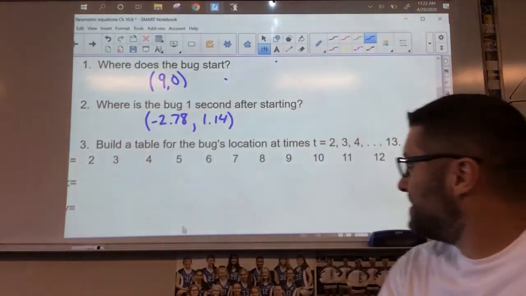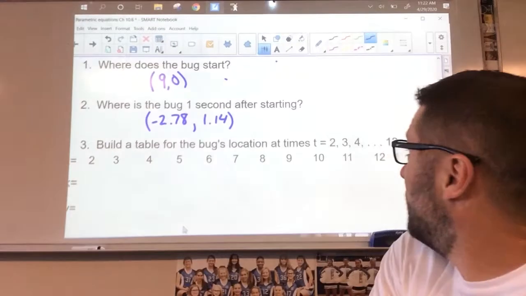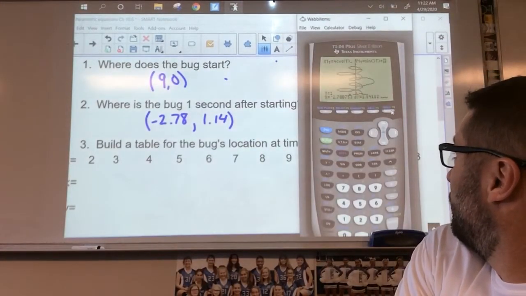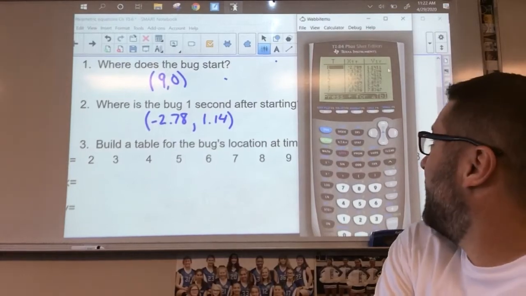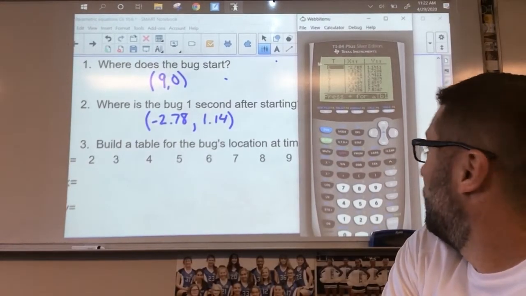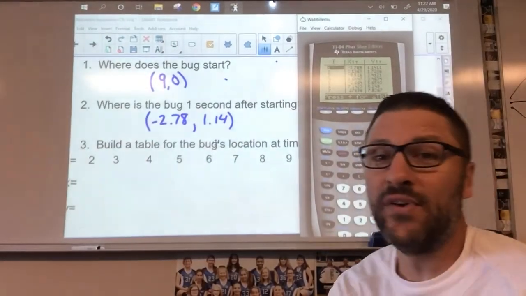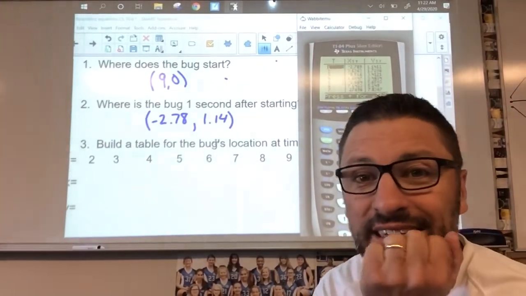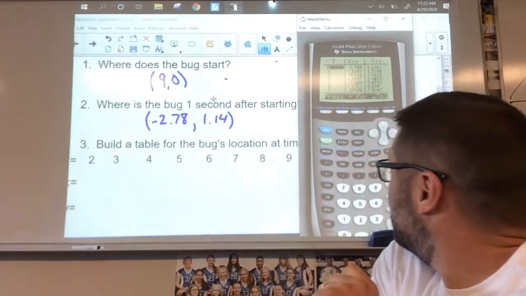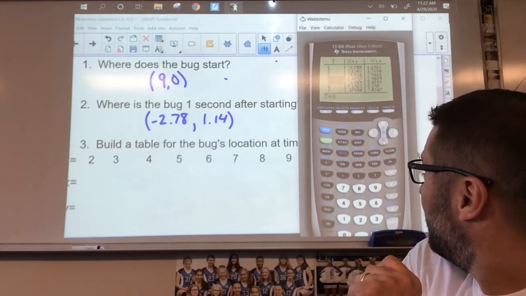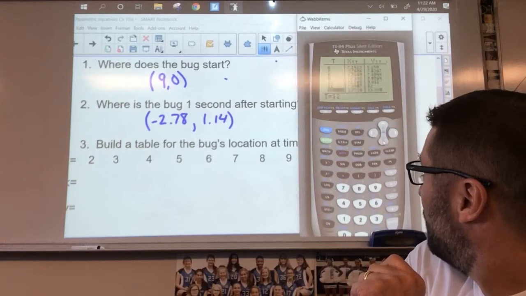And it says build a table for the bug's location. What I would like to do is simply hit my table button. I'm not going to go ahead and fill all these in. What I want you to understand is that if you wanted actual values at each second, here they are. I can look at the different positions of the bug.